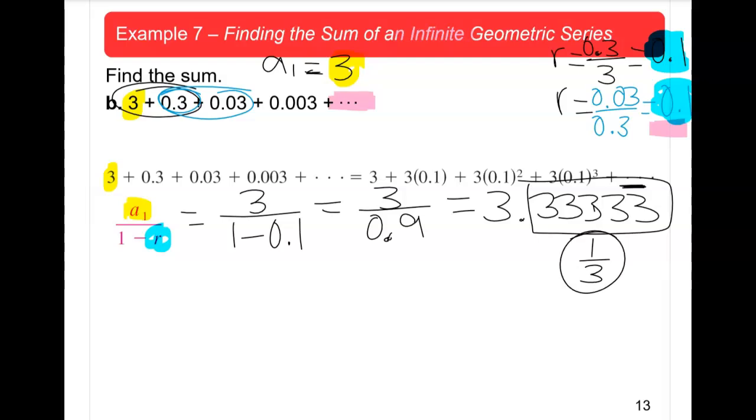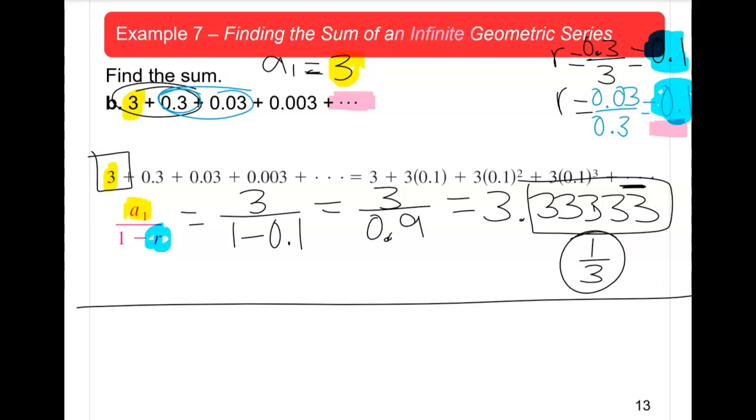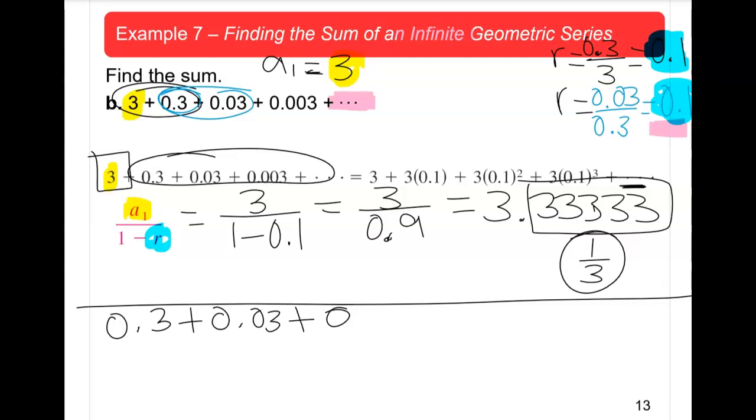So what I want to show you is how, if I don't take 3, because I know 3 is an integer, and I was just concerned about adding the sequence here, we had 0.3, and the next number is 0.03, and the next one is 0.003, and so on.